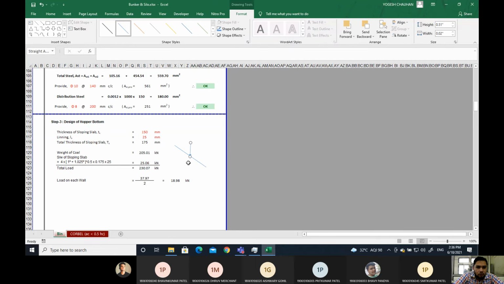So you have to find the component. Let us say T sin theta. If this is theta, horizontal, then this vertical component will resist this much load. So you can equate T sin theta.